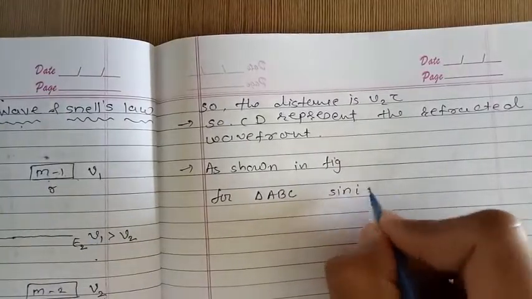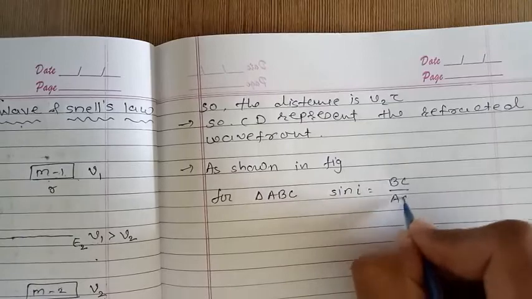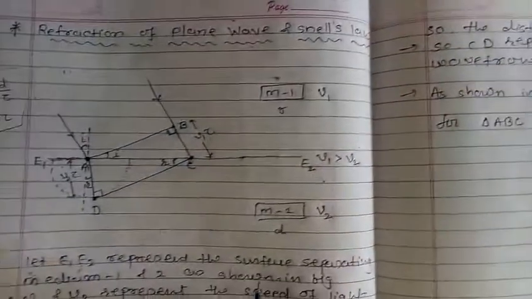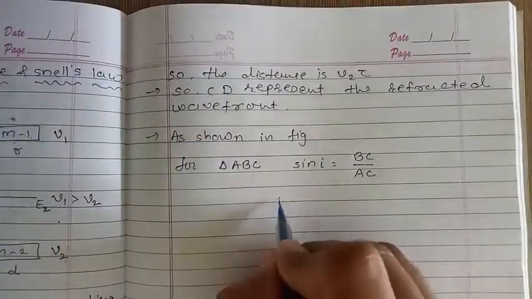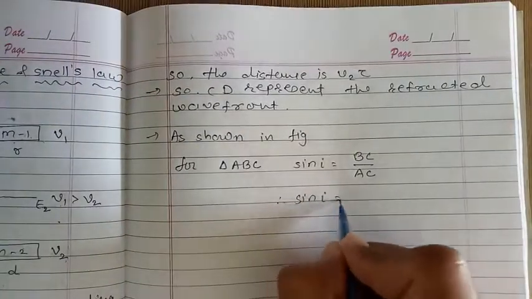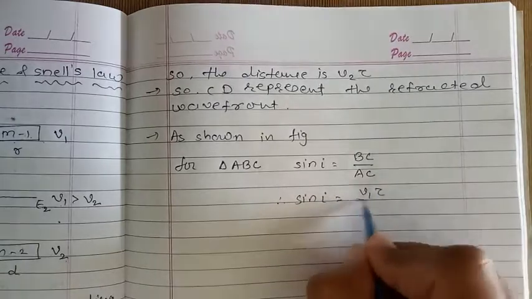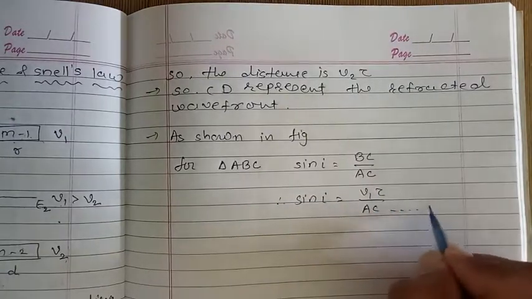Now we know the value of BC. BC is V1 tau, right? So sin I is equal to V1 tau upon AC. Equation number 1.